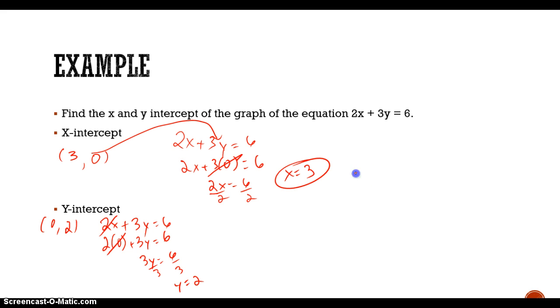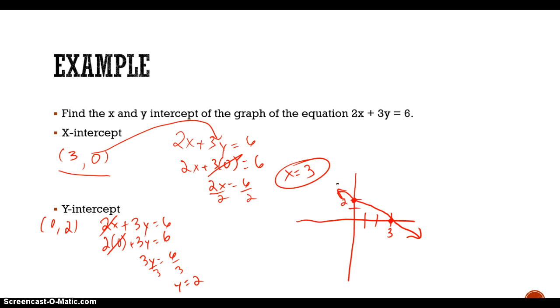So we know that if we graph this, the x-intercept would be right here. So 3, 0 would be right here. And we know 0, 2 would be right here. So if I connected the dots here, okay, we would have a graph, a line. Straighter than what I just drew. Straight line.